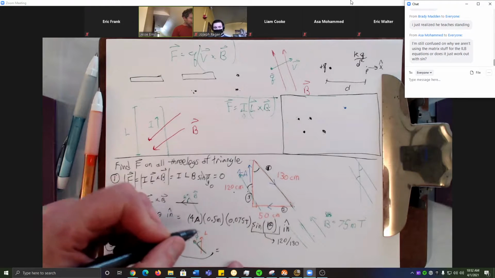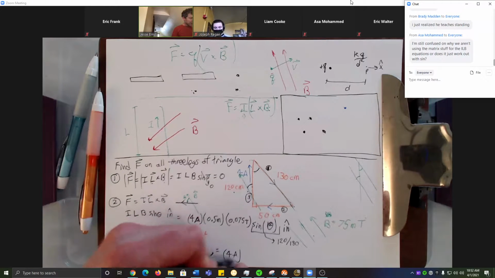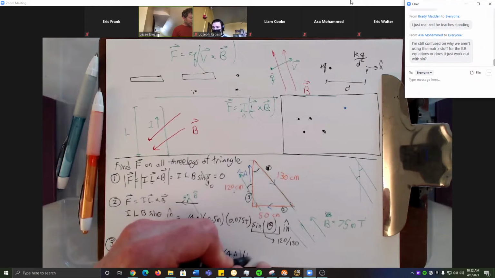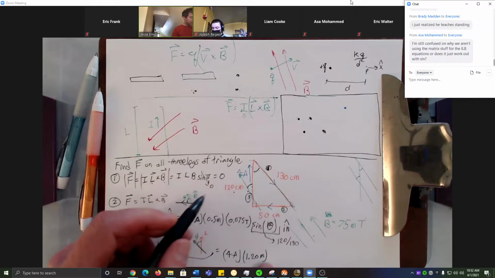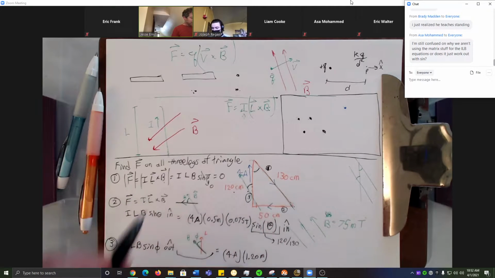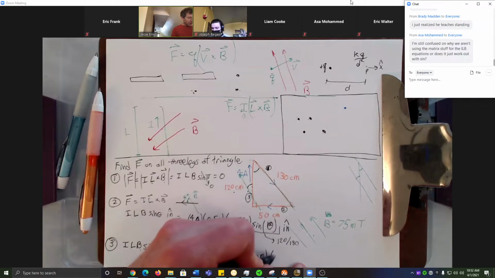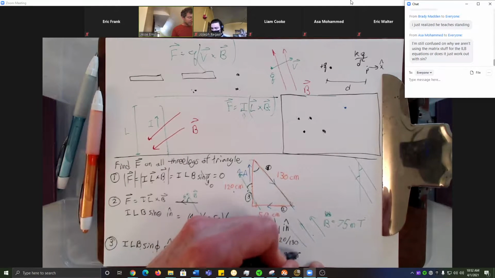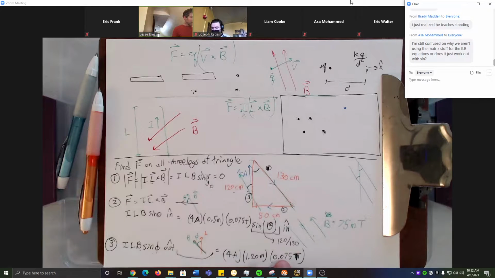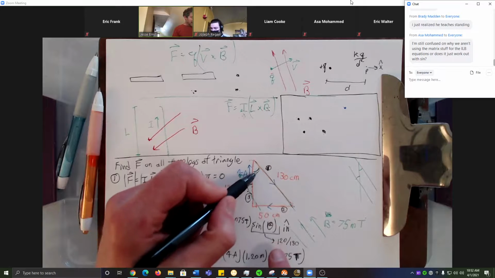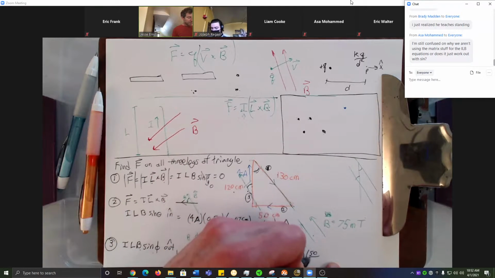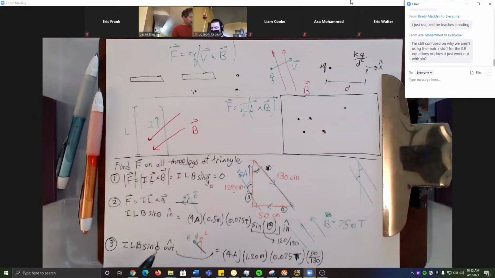So that's 4 amps times L, which in this case is 1.20 meters, times B, which is 0.075 Tesla, 75 millitesla, times sine of this angle, which is 50 over 130. And the direction is outward.